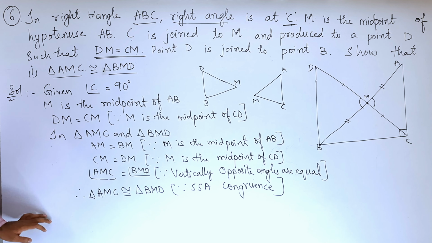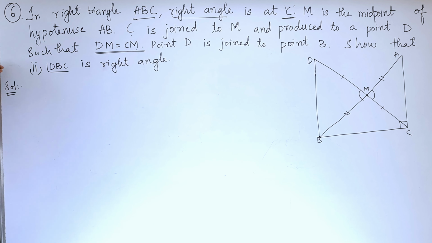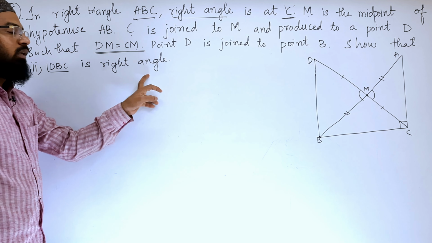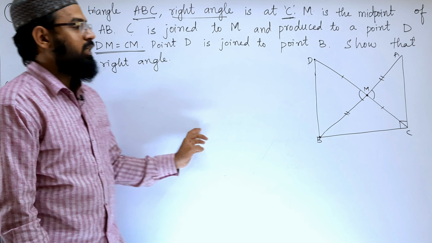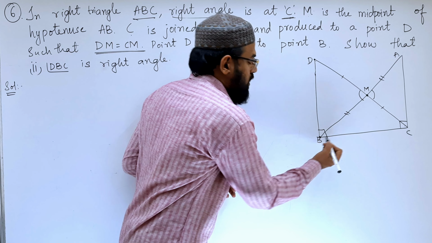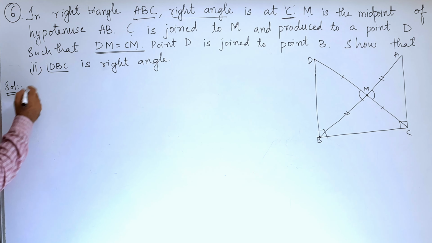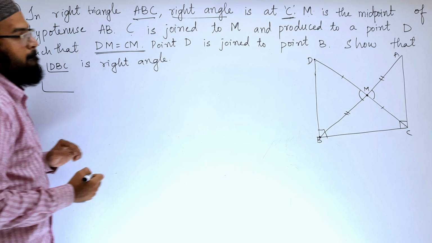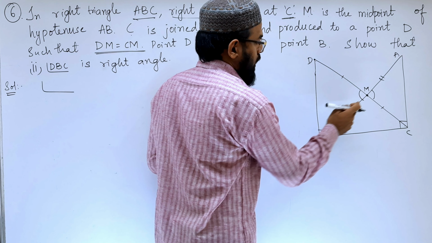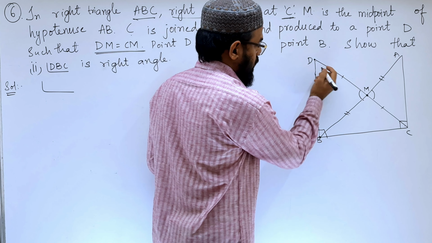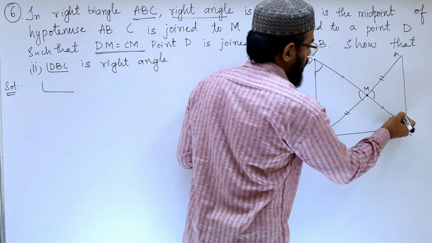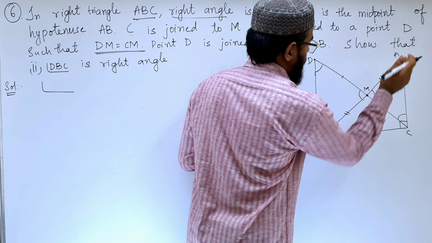So this is the first bit. Second bit: angle DBC is a right angle. So we need to show that angle DBC, this angle, is 90 degrees. For showing that, let us write angle MDB is equal to angle MCA.